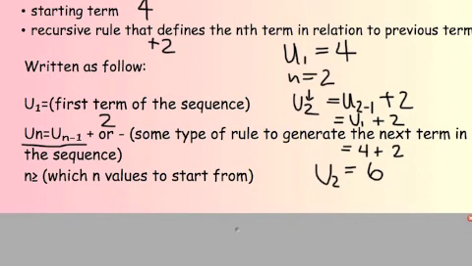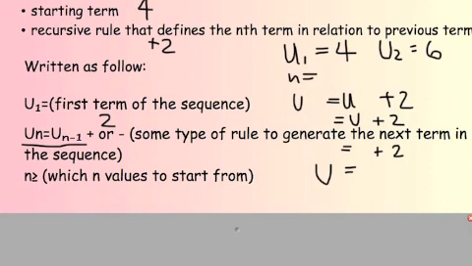The same thing can happen if you're looking for, let's say, the third term. So let me erase this out. Let's say you're looking for the third term. So all of this n will now be 3. So let me remind you again that we were solving for U sub 2 earlier, and we got U sub 2 is equal to 6. All right.